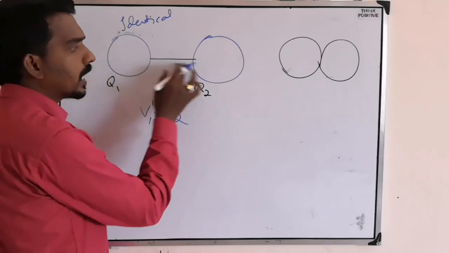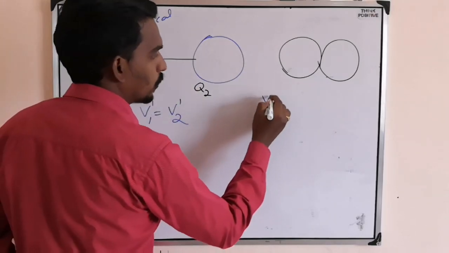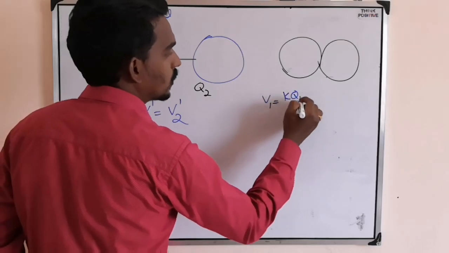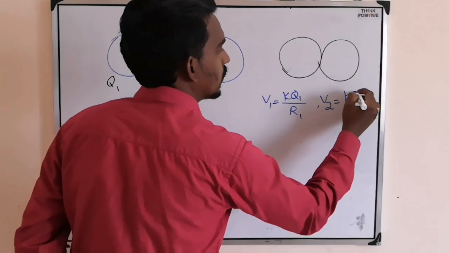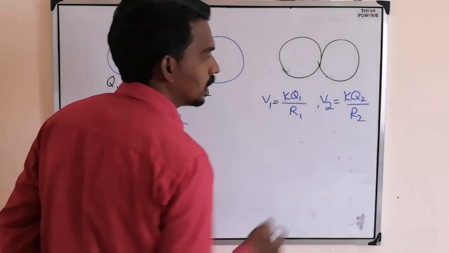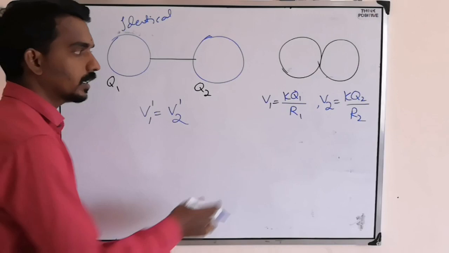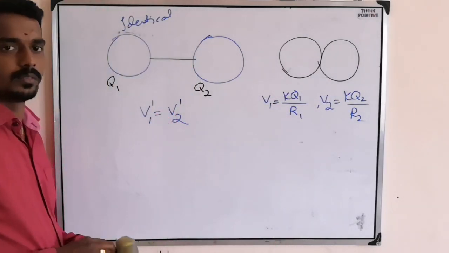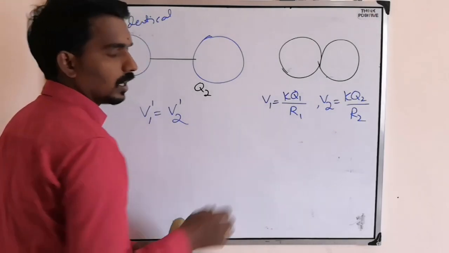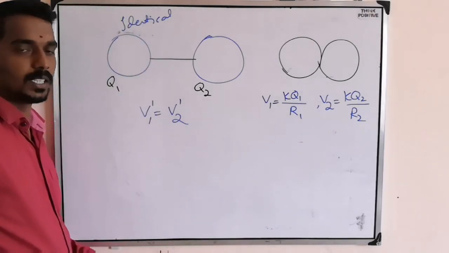Initially, before connecting each other, the potentials are V1 equal to kq1 by R1, V2 is kq2 by R2. So, these are the two things, right?